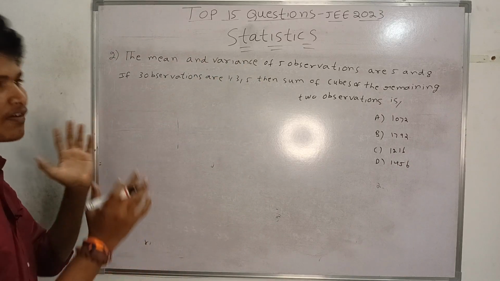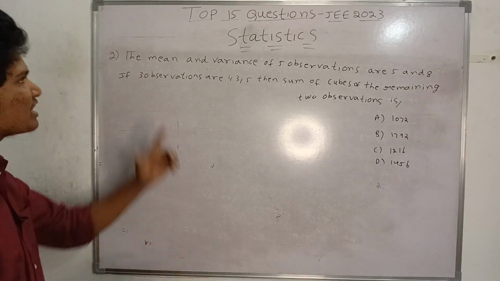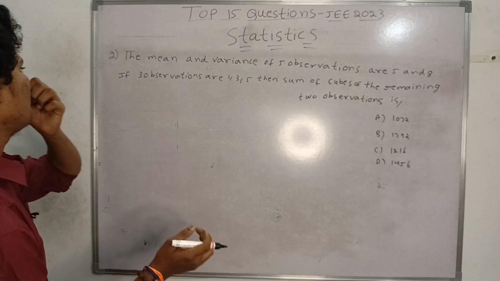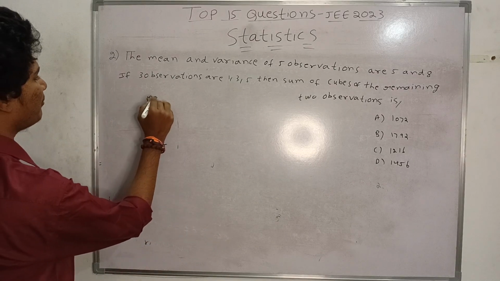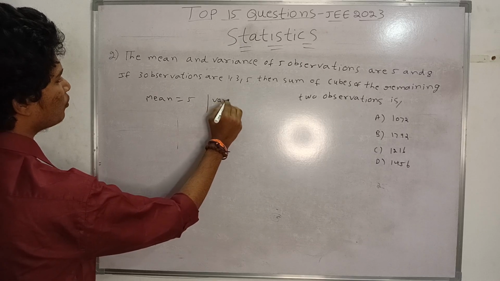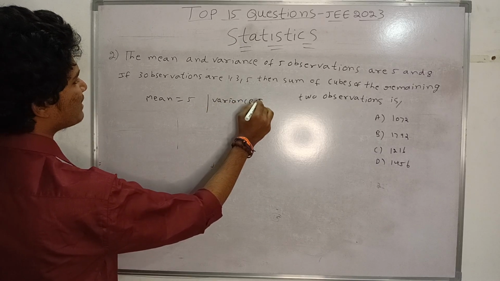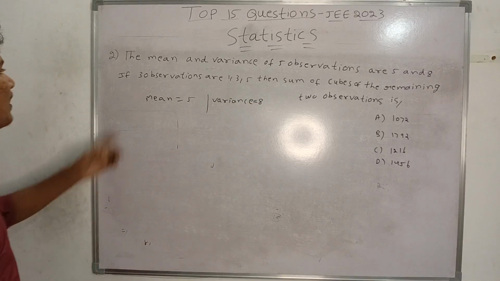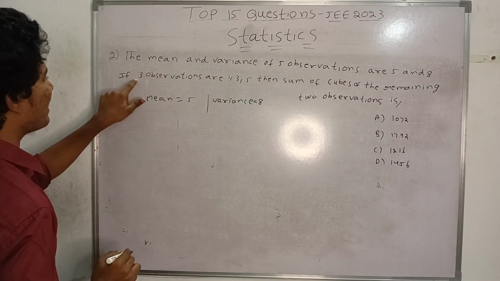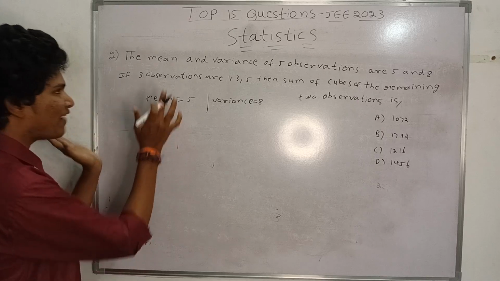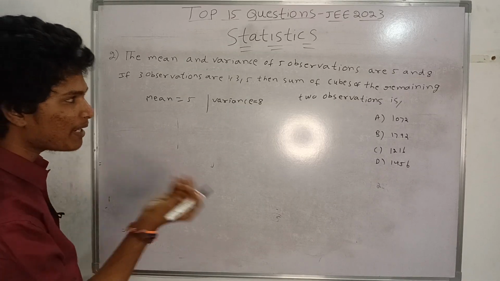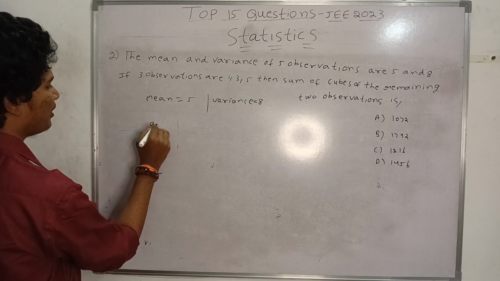There are 5 observations, and the mean of the 5 observations is 5 and the variance is 8. Here I can write mean equal to 5 and variance equal to 8. In these 5 observations, 3 observations are given to us. Let us assume the remaining 2 as a and b.